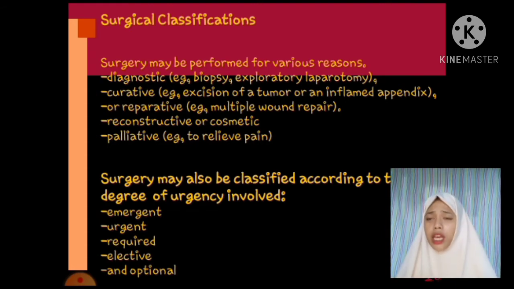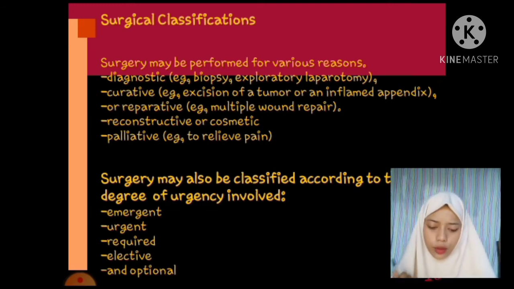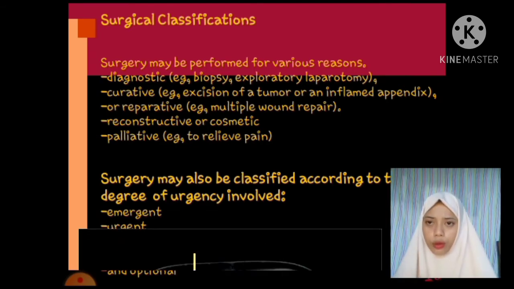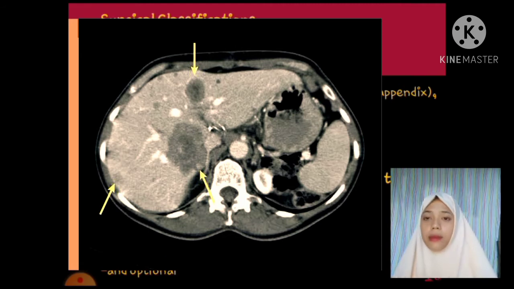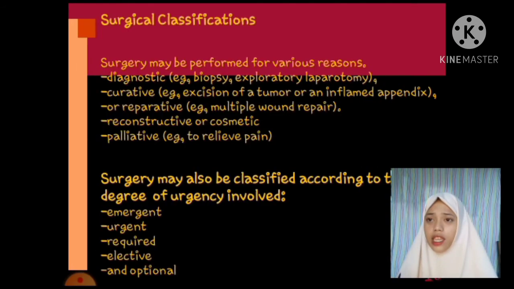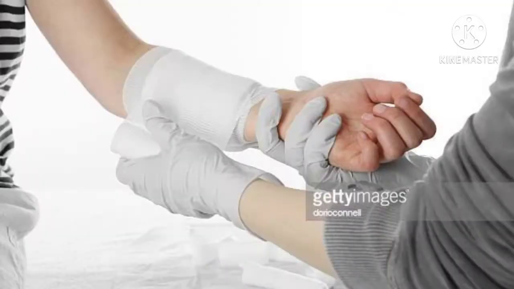And next is the curative. Curative is, for example, like excision of a tumor or an inflamed appendix. This is the surgical treatment that addresses the bone tumors. Then next is the reparative. This is the example like multiple wound repair.